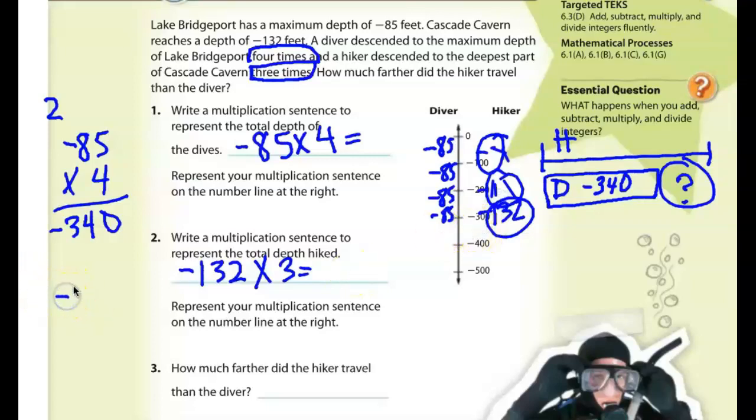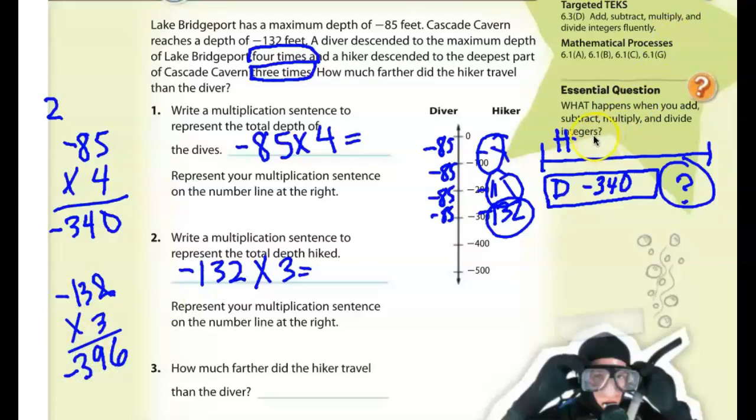So is that answer going to be positive or negative? If you have a negative times a positive, what's the answer going to be? Go ahead and answer that for me. Very good. This one's also going to be negative. So 3 times 2 is 6. 3 times 3 is 9. 3 times 1 is 3.